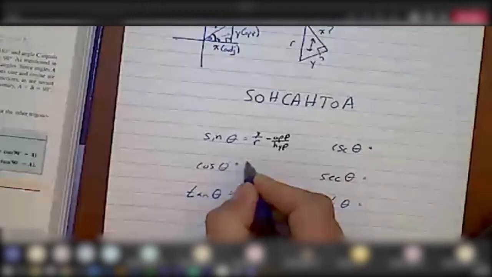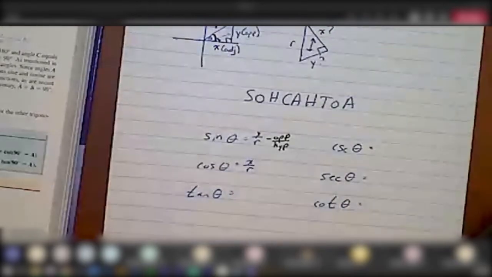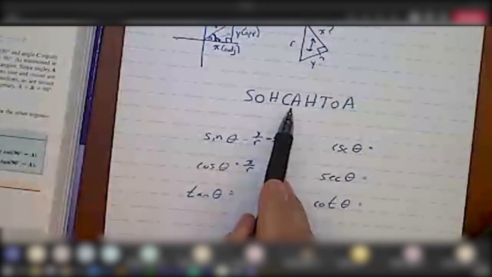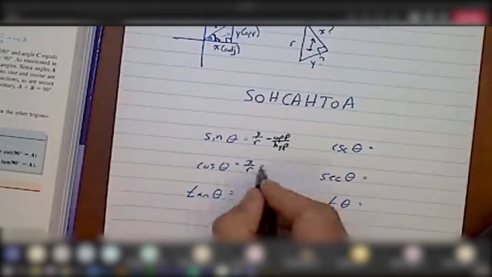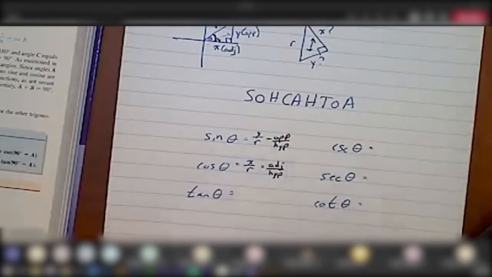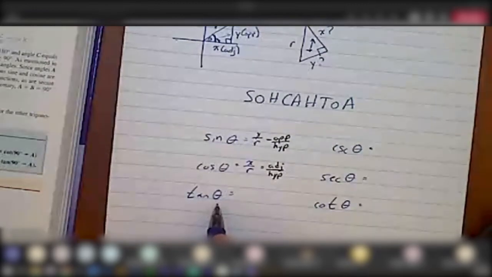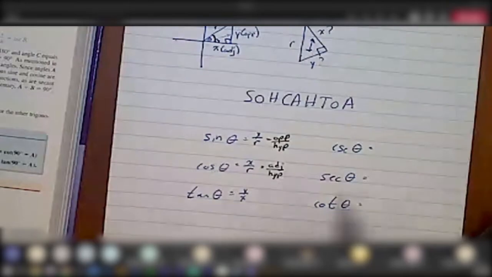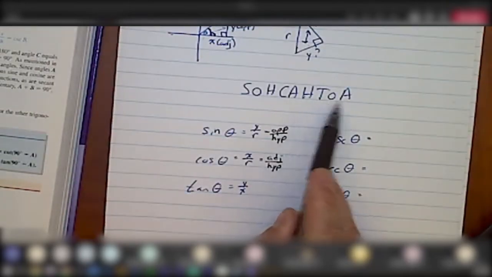Cosine, we used to think about as x over r. Now we're going to think about cosine in terms of adjacent over hypotenuse. Tangent, we used to think about in terms of y over x. We're now going to think about tangent in terms of opposite over adjacent.